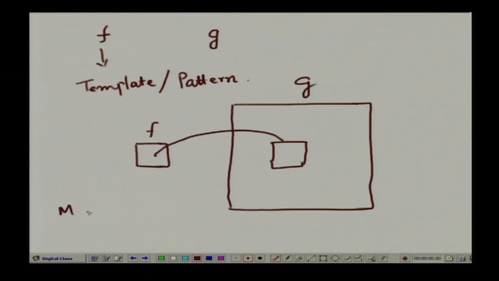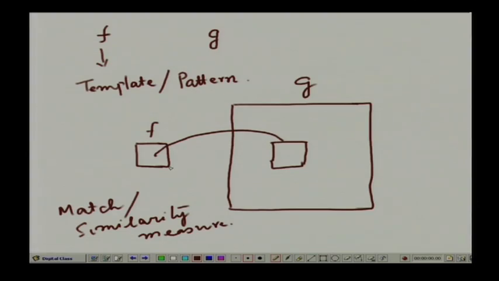So, we have to take different match or similarity measures to find out where this template F matches the best in the given image G.